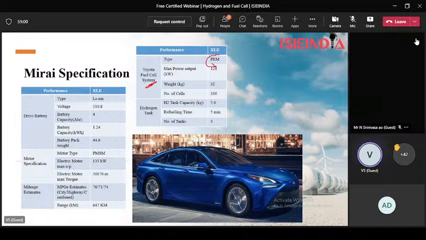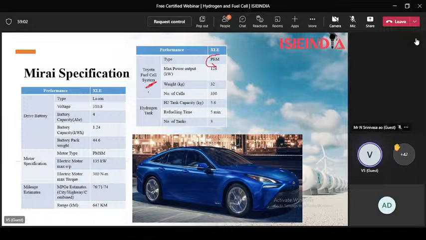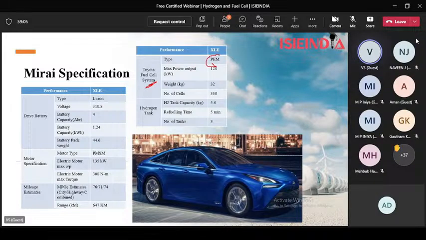Okay, so now the Toyota fuel cell system is of PEM. PEM is polymer electrolyte. What is polymer electrolyte and what is the chemistry inside it, I will be explaining in the different types of fuel cells. So the fuel cell's maximum power output is 128, and the weight of that fuel cell is 32 kilogram.